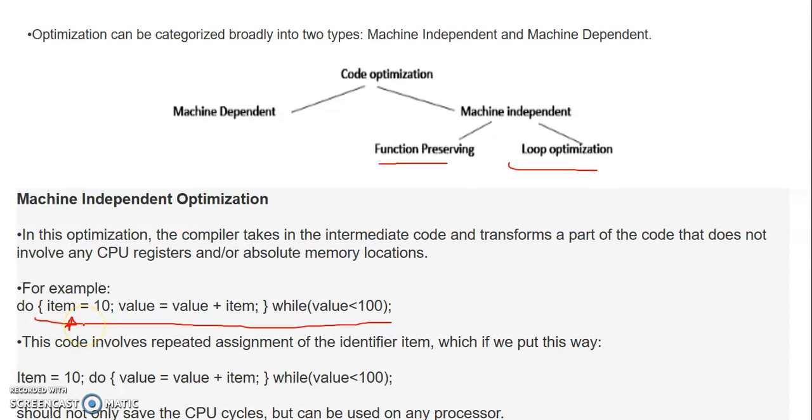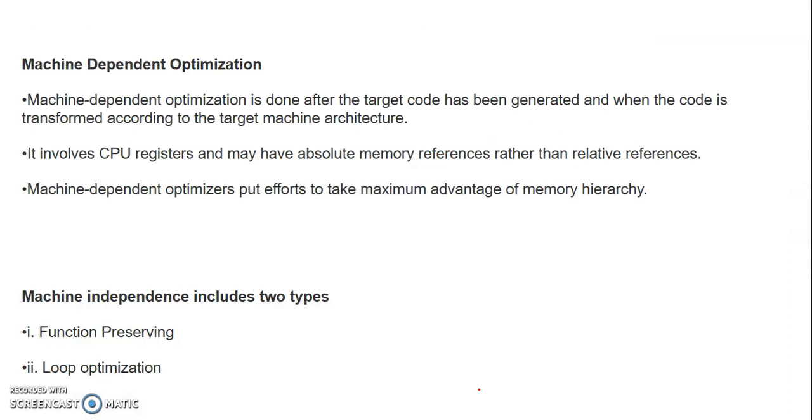So the optimizer will move this assignment outside of the loop. Item equals 10 is initialized outside of the loop, and the loop will be do value equals value plus item while value is less than 100. This not only saves CPU cycles, but can also be used on any processor. That is why this kind of optimization is machine independent optimization.